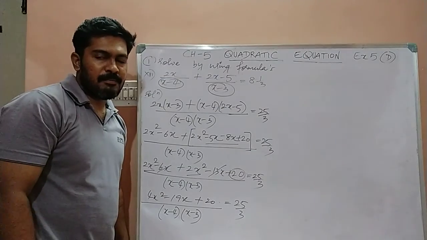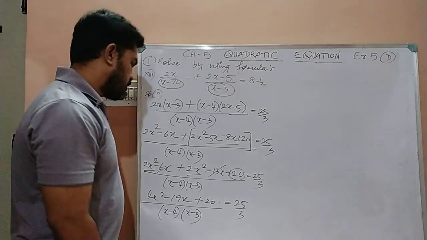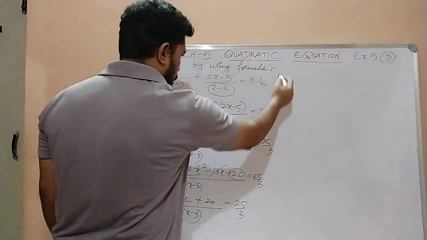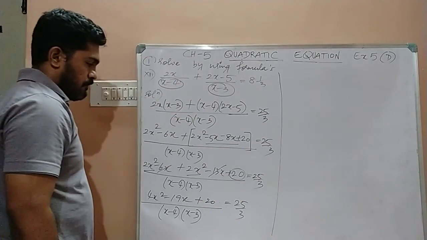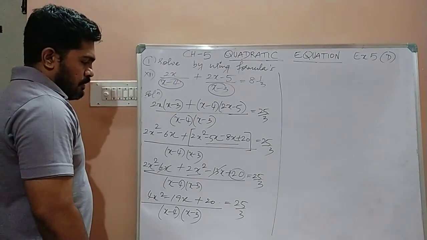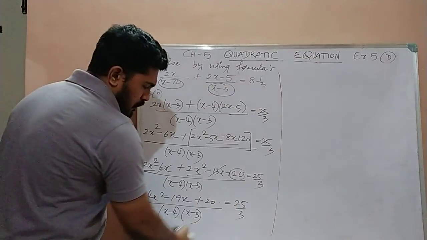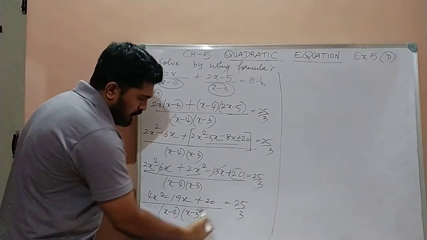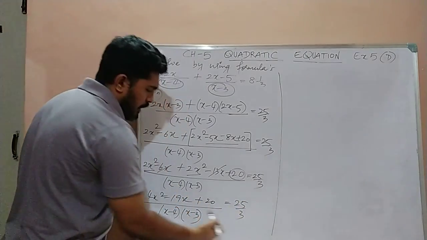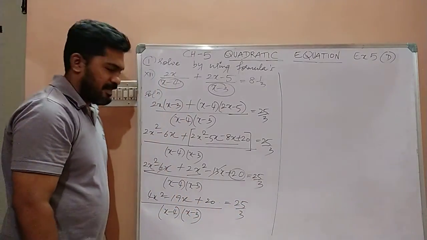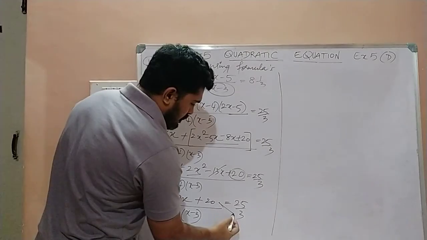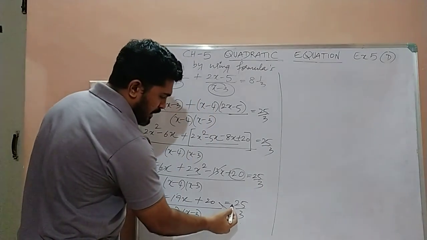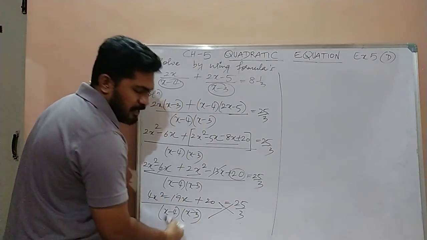Is that correct? Please note it down children. Now shall I cross multiply both the sides, because this is of the form a by b is equal to c by d, isn't it? So children, I can cross multiply 3 with this numerator and 25 with this denominator.